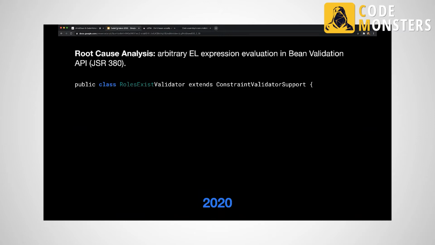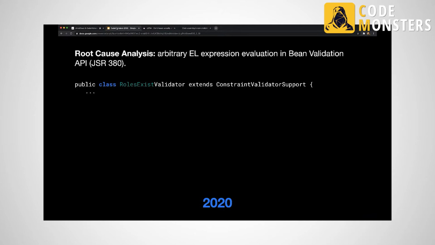When you create a user, you can assign some roles to this user. And when these roles are received by the backend, they needed to be validated against existing, valid roles. So because they were using the Bean Validation API, they wrote a custom validator, which is this class called RolesExistValidator, which extends from ConstraintValidatorSupport.